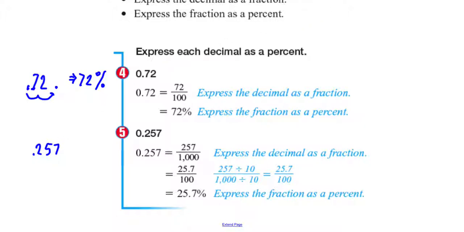All you need to do is move that decimal 2 spaces to the right, and that's the reason why this is 25.7%. This is obviously a better method of converting a decimal into a percent.